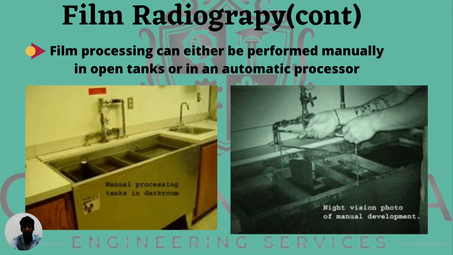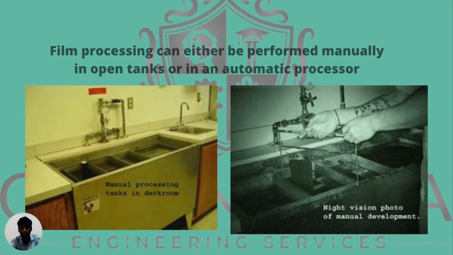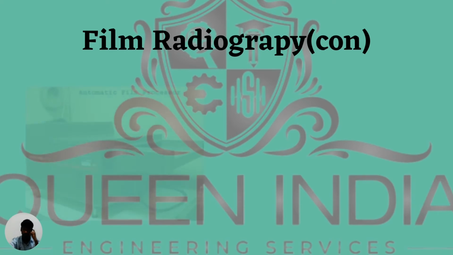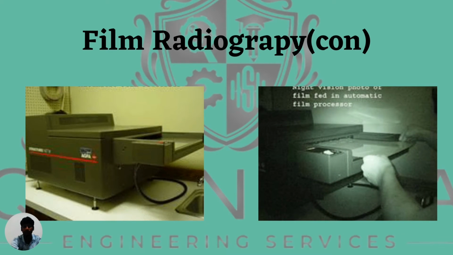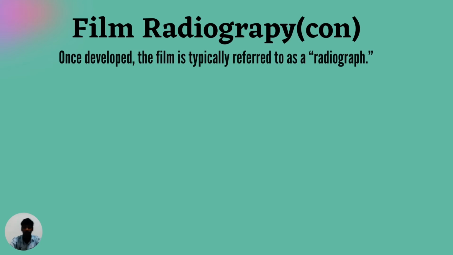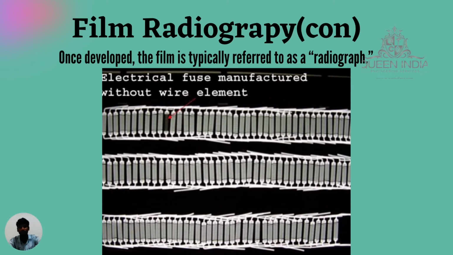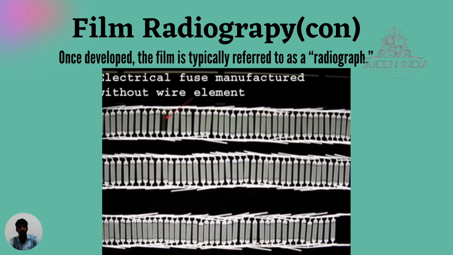This is the process of film development. Manual development is a manual process in tanks in a darkroom, and this is the automatic film process. The developed film is typically referred to as a radiograph.